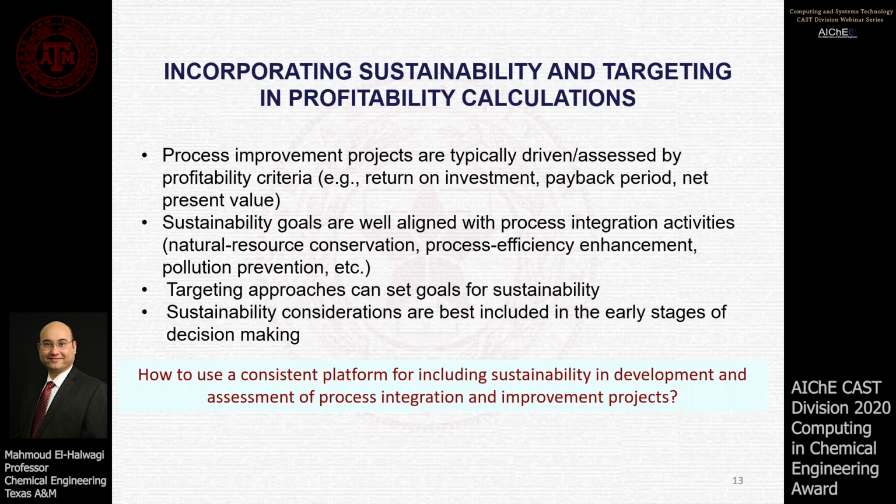But if we want to include other sustainability criteria, how do we do that early enough in conceptual design, when we still have most of the degrees of freedom for making the main decisions? We should do that, but preferably in a manner that is consistent with how the decision makers make their decisions during conceptual design, which is mostly based on profitability criteria such as return on investment.